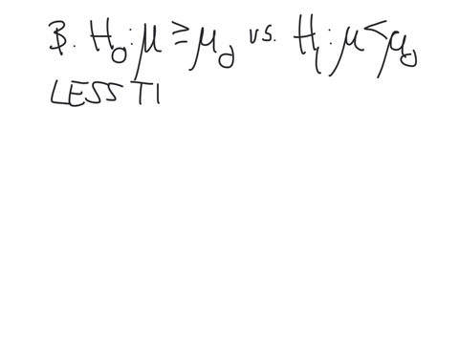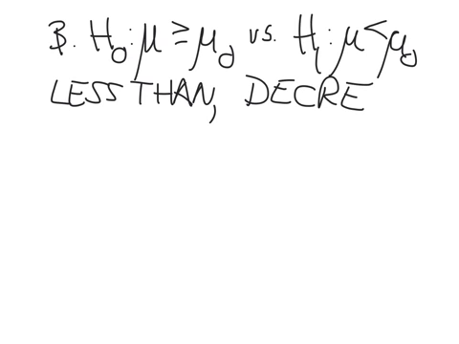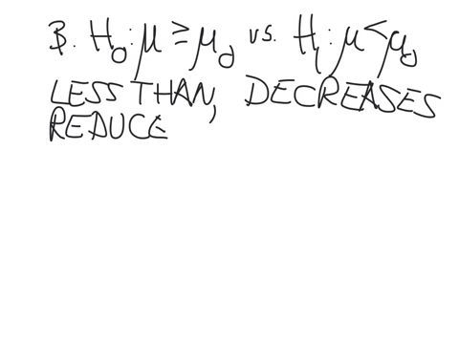No subtlety there. Test the claim that the mean is less than 25. Decreases or decreased. Test the claim that the mean has decreased from 50. Sometimes you'll see reduces. Every once in a while that shows up. Test the claim that the mean has reduced from 56.